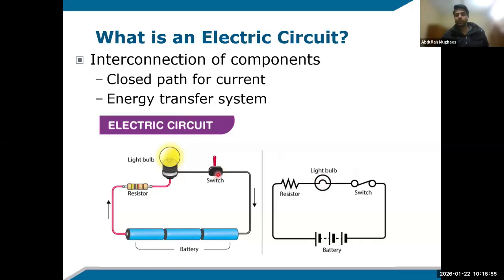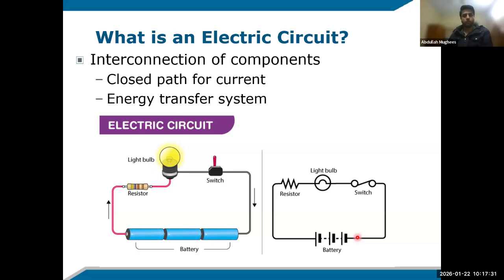The switch that looks like this is represented using two dots connected via a wire. And the battery source is represented using a long thin line and a short thick line. So there is one, two, and three. So there are three cells. So we represent one, two, and three batteries. So this is how we define a very basic electrical circuit.